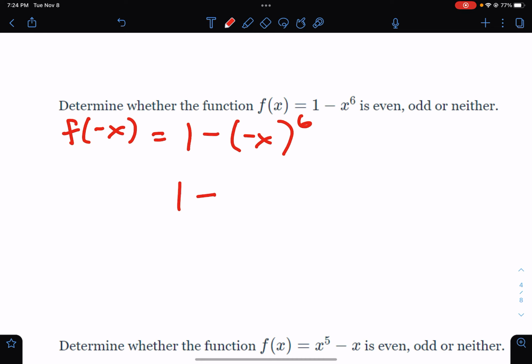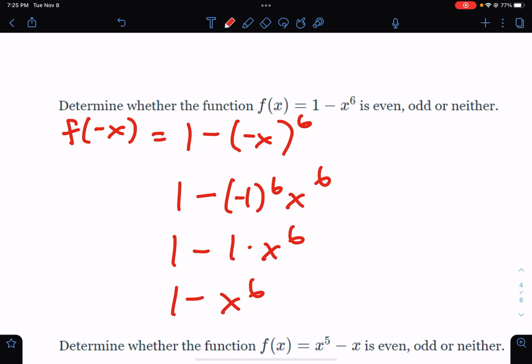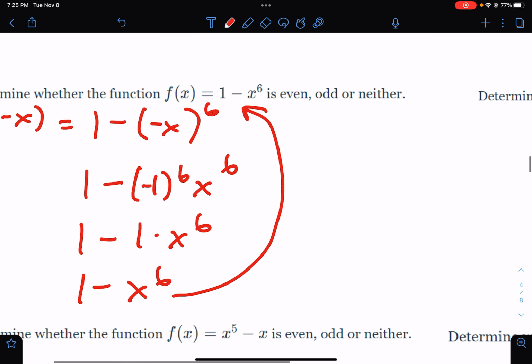Nothing changes with the 1. Negative 1 to the 6th power is just going to give us a positive 1, and then we end up with x to the 6th. So we get 1 minus 1 times x to the 6th, which is 1 minus x to the 6th. We got exactly what we started with here. If we get exactly back what we started with, this is an even function.